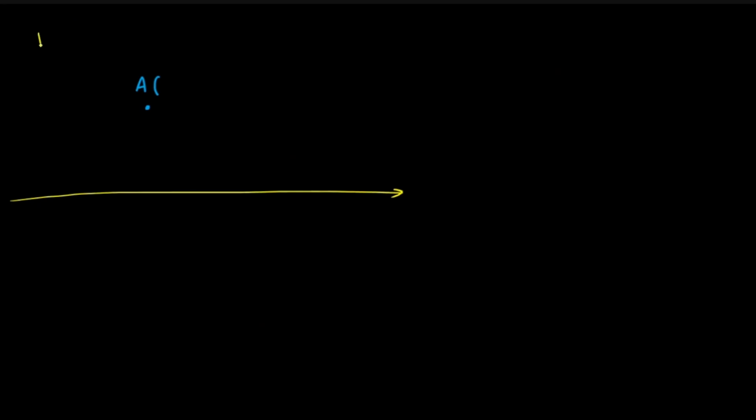This is one such axis, this is another axis. I'm assuming a particular person is standing at a certain point A, and that point has a coordinate x, y, z.